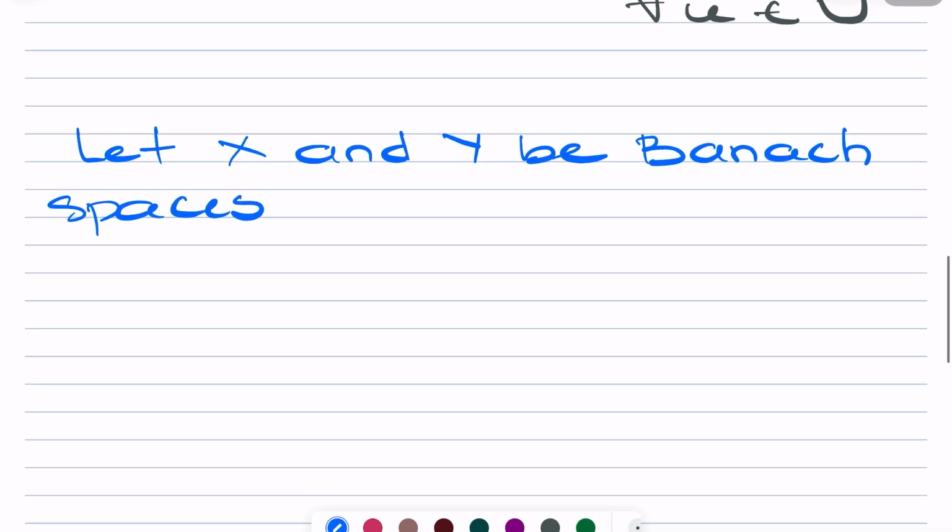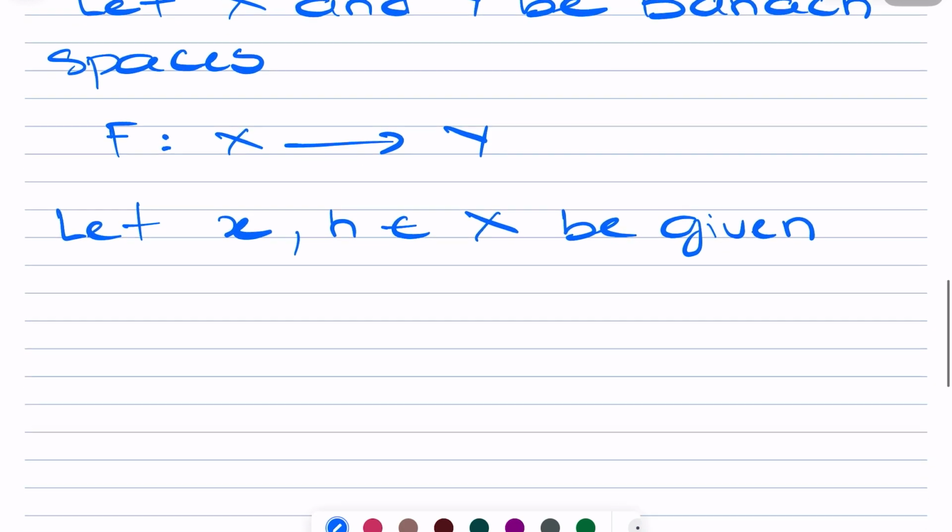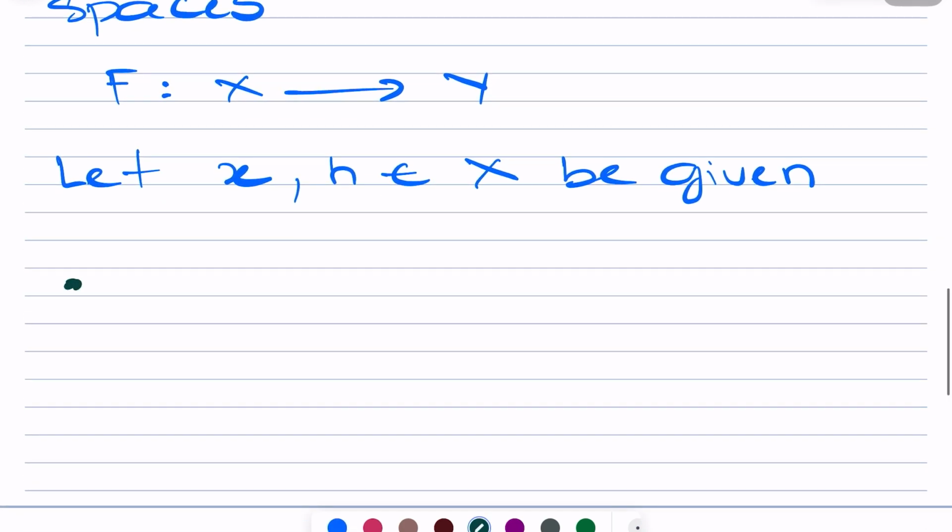Say you have a function f defined from X into Y, be a mapping, and let x and h, elements of X, be given. So the first definition would be the directional derivative of f.